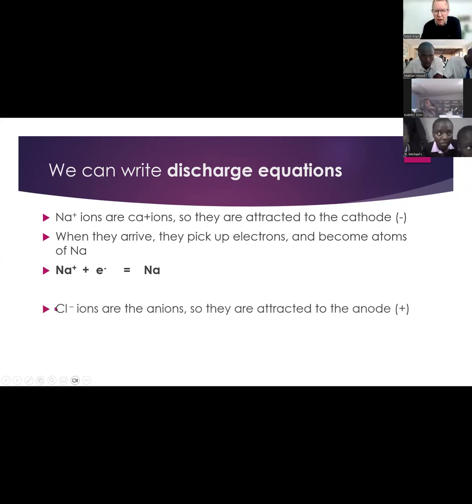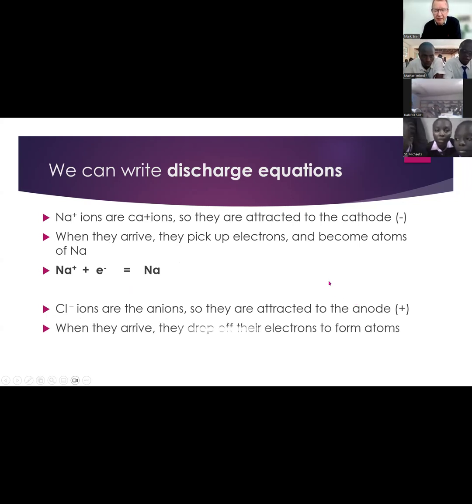Cl- are anions. If you remember from last time, I said that's a negative ion. Okay, negative ions are called anions. So they're attracted to the anode, which must be plus. And when they get there, they lose electrons like this.